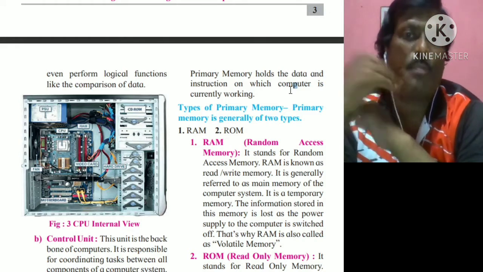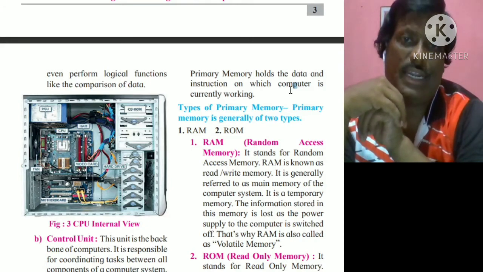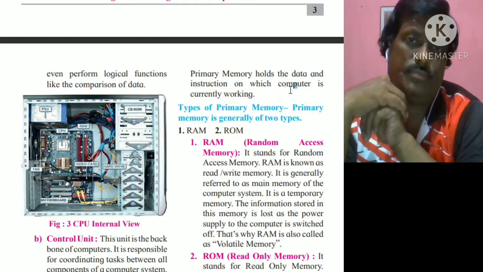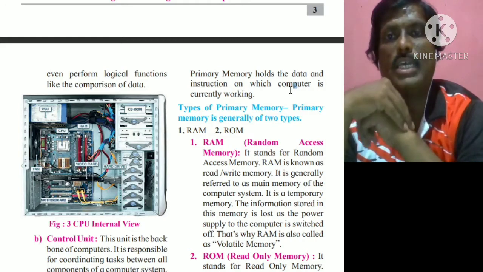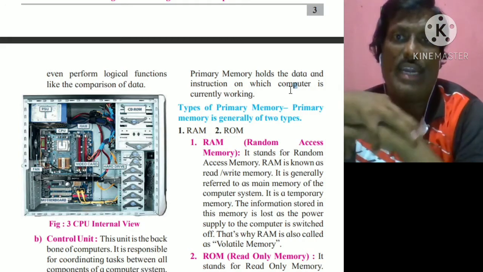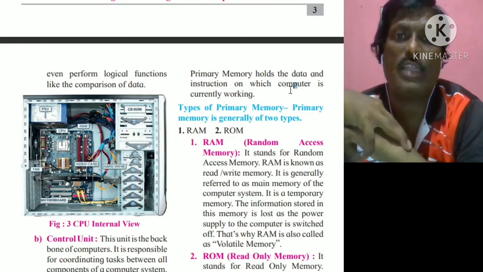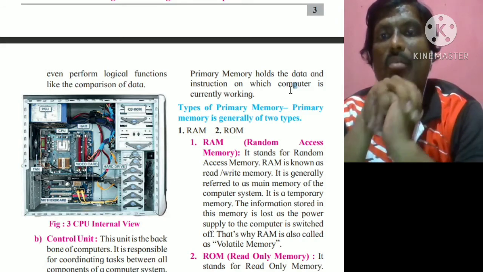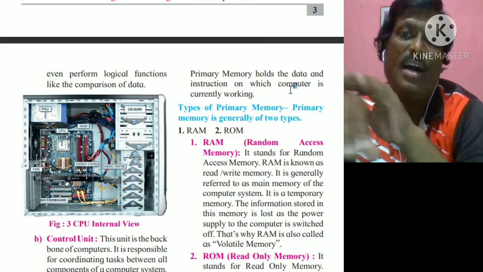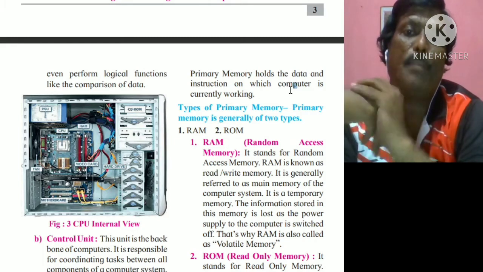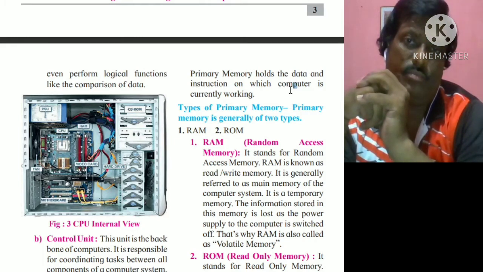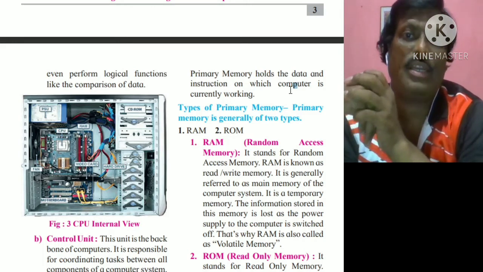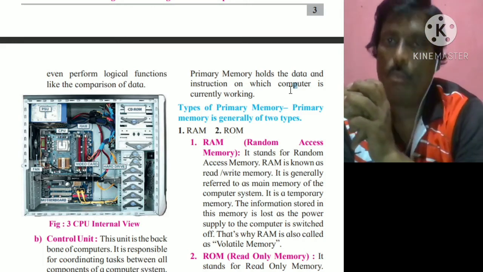As soon as the process is going on, this primary memory holds it, and when the process is complete and data is ready for the output, this primary memory will send that data to the permanent memory. Till the process is going on, the data is held by the primary memory.